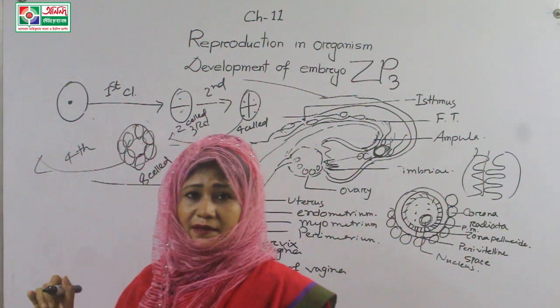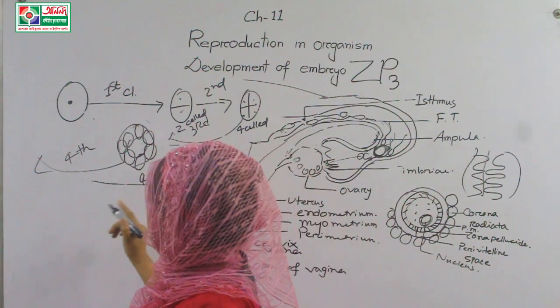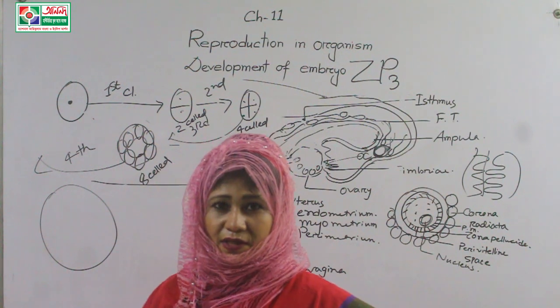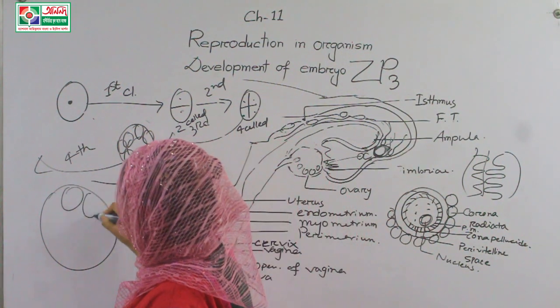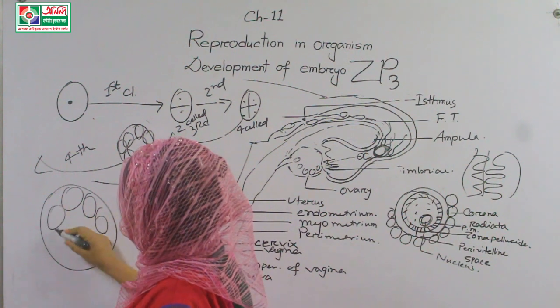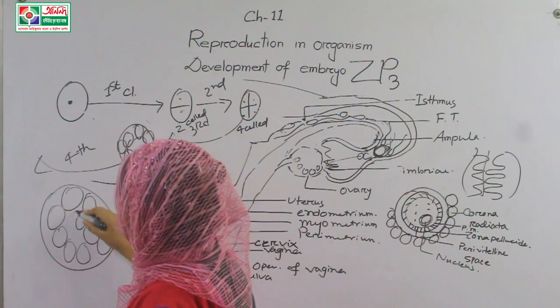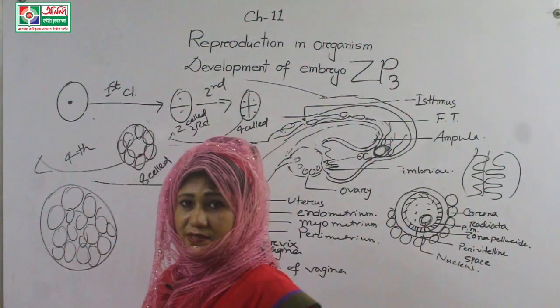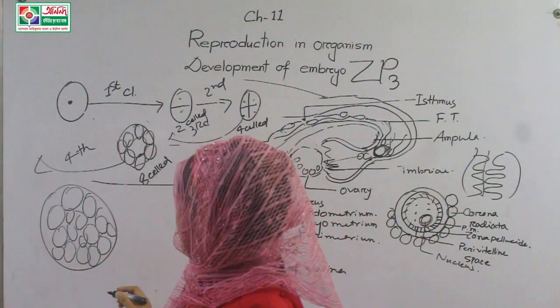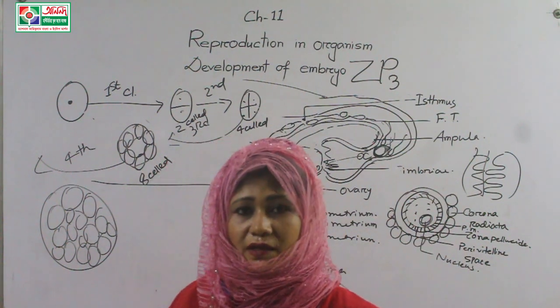The cells go from the 8 to the 16 cell structure, and in the first stage they remain like this, a 16 cell structure, and this is known as the morula. What?